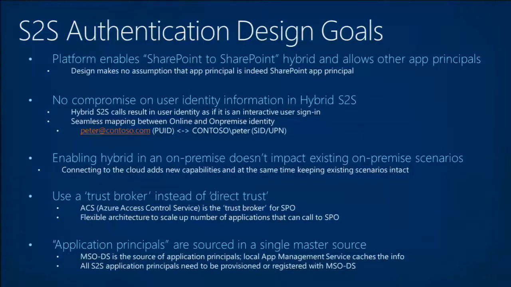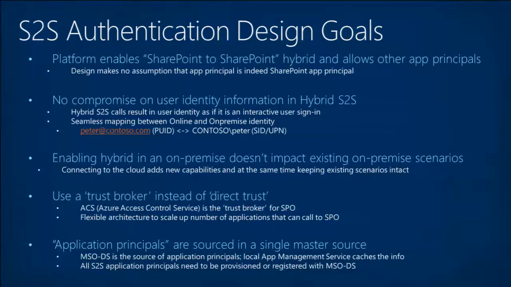And what we've done is we've tried to make this seamless so that as identities move across these different layers, transformations occur. In the example I gave, Peter at contoso.com gets mapped to contoso/Peter, and these transformations occur as needed, wherever needed. The other goal was that we used what we call a trust broker, a system called ACS, the Access Control Service, which gets provisioned.